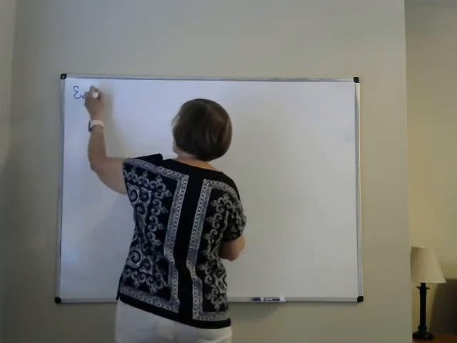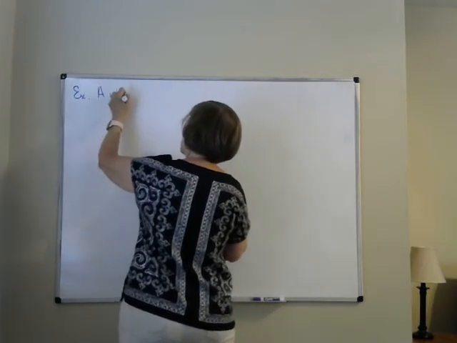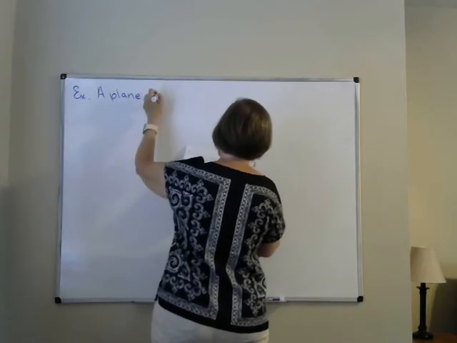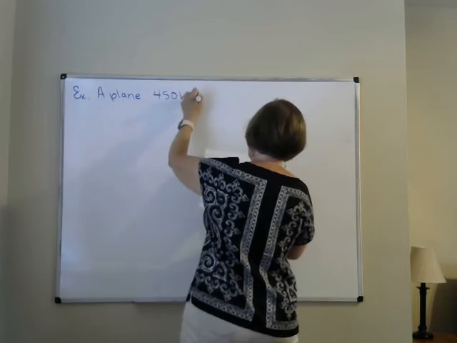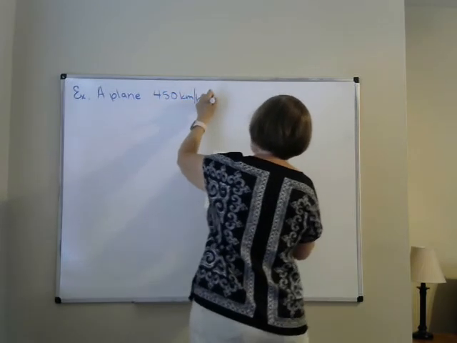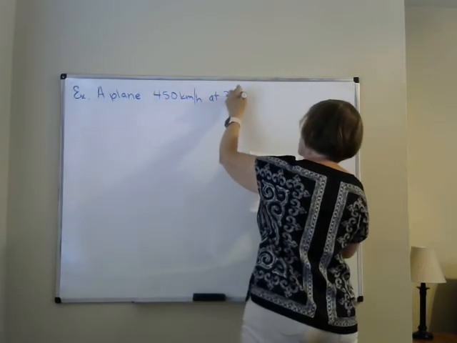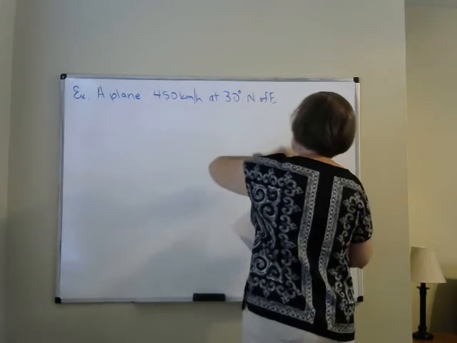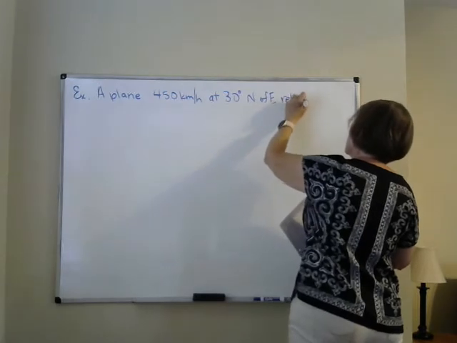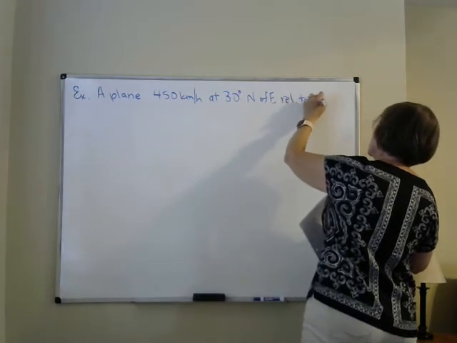Let's suppose that a plane is traveling 450 kilometers per hour at 30 degrees north of east relative to still air.